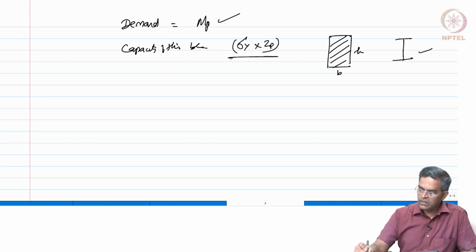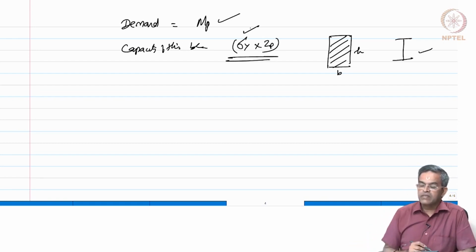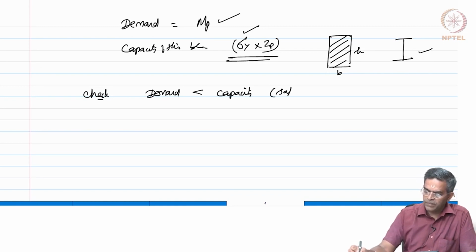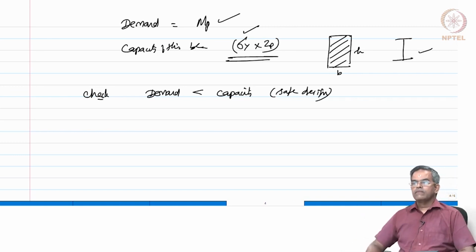I can find this if I know the material strength. I can check. Demand should always be lesser than the capacity for safe design.